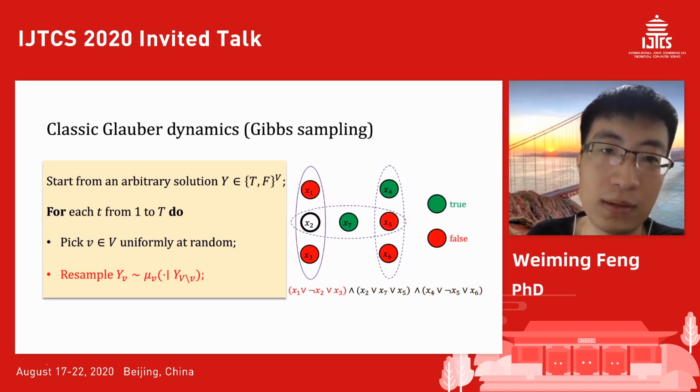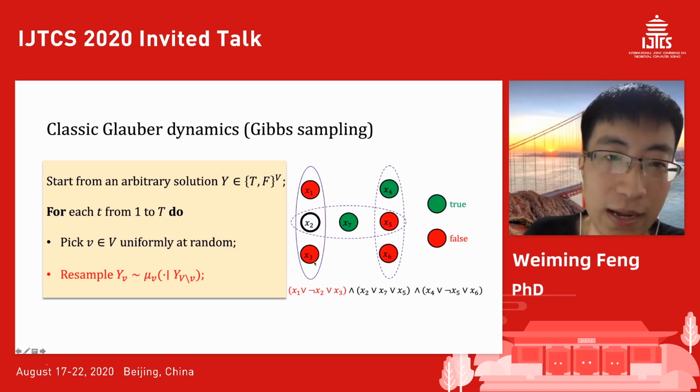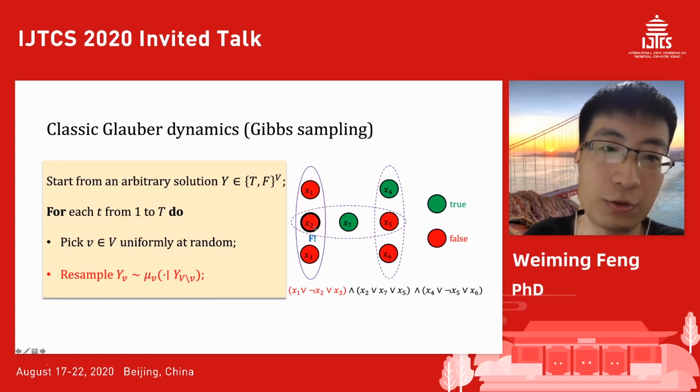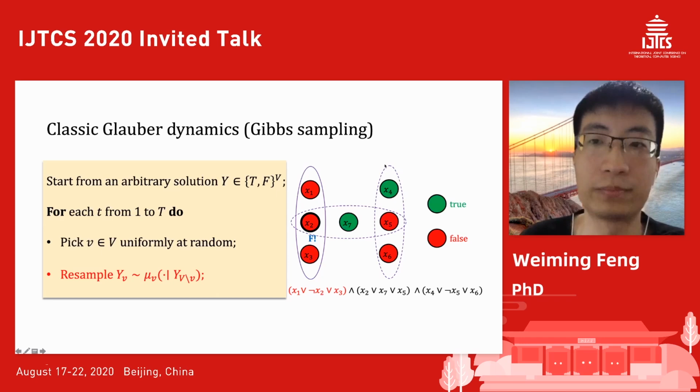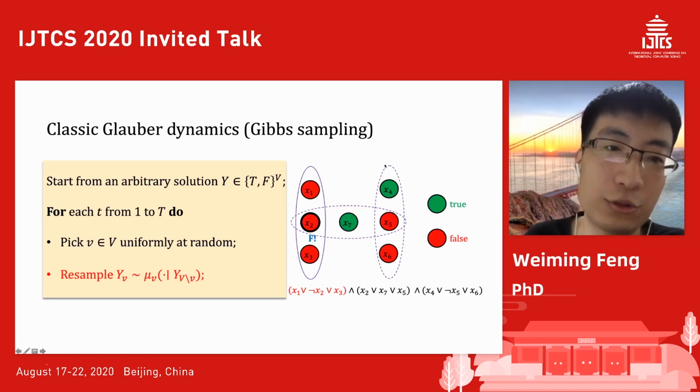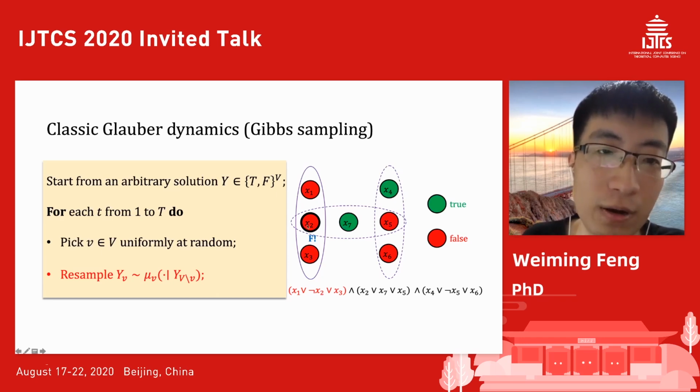However, if we pick the variable x2, then to satisfy the first clause, the value of x2 must be set to false. This is because x1 and x3 cannot satisfy the first clause. In this situation, we choose the variable, but we cannot change its value. This issue will cause a big problem in sampling CNF solutions.